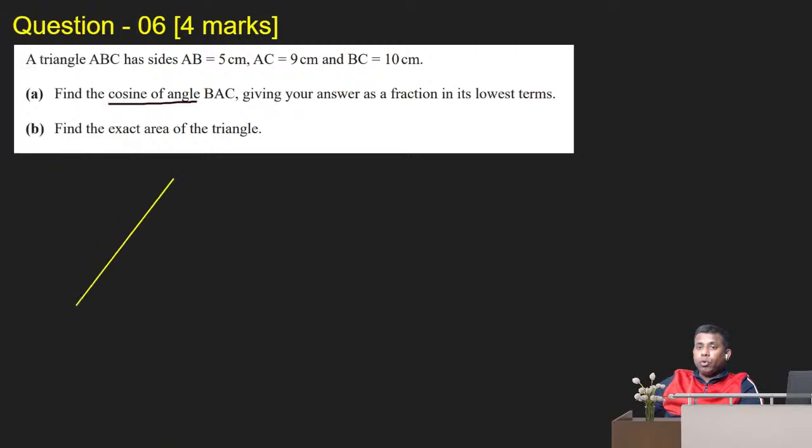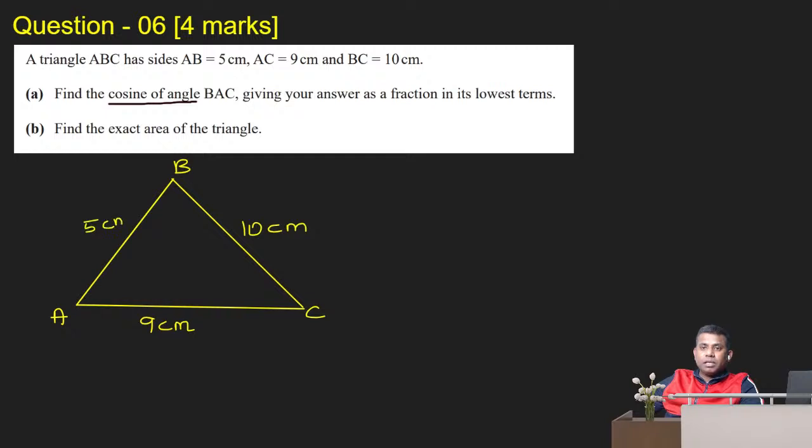So I'm just going to draw a triangle with the given information. ABC, so BC is the longer side, so BC is 10 centimeters, AC is 9 centimeters and AB is 5 centimeters, right? The triangle has all the sides given, and we need to find BAC.